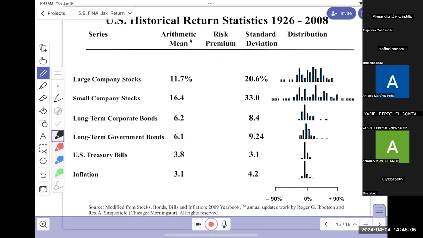So we can compute the risk premium relative to T-bills. We use the notation RF for T-bills as the risk-free rate. We take the risk-free rate and compare everything to it. So the other ones would be returns or arithmetic returns, which we can calculate and interpret for these types of assets.